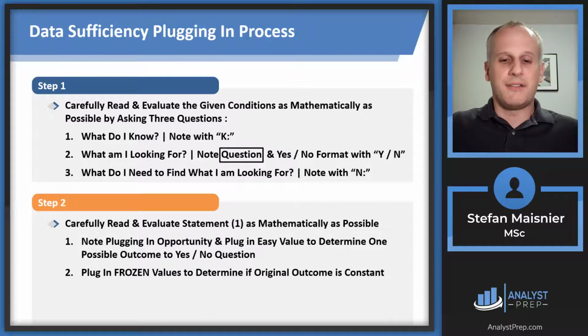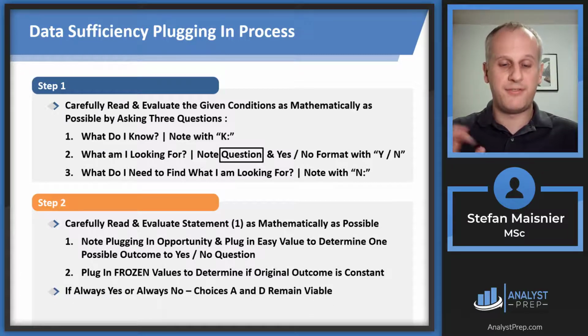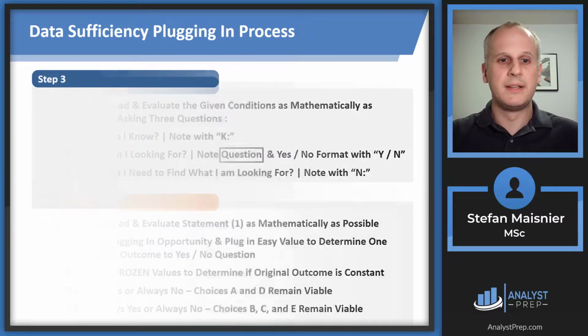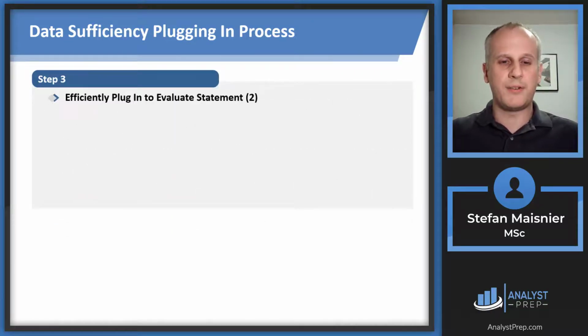Then you're going to plug in frozen values that we listed earlier to determine if the original outcome is constant, either always yes or always no. If always yes or always no for a yes-no data sufficiency, your choices A and D are going to remain viable. If it is not always yes or always no, then your choices B, C, and E are going to remain viable.